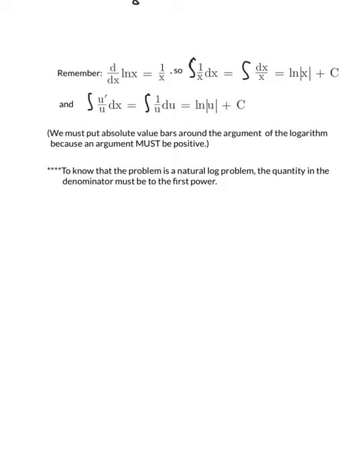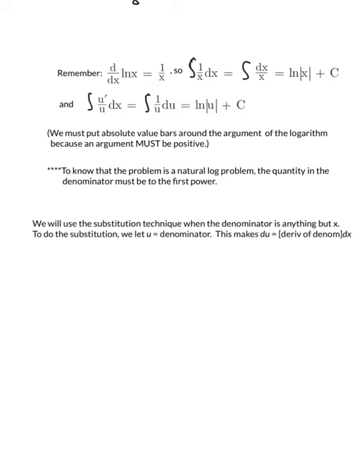When we are doing these problems and our answer is a natural log, we must put absolute value bars around the argument in the logarithm because the argument must be positive. To know that the problem you are looking at is a natural log problem, the quantity in the denominator must be to the first power.